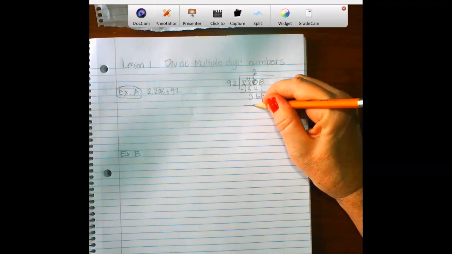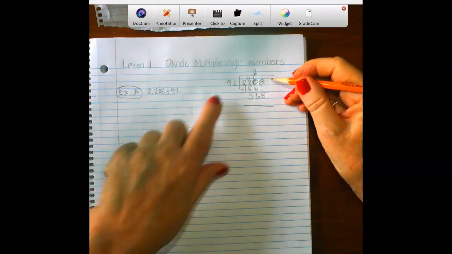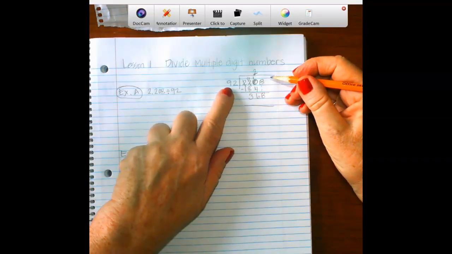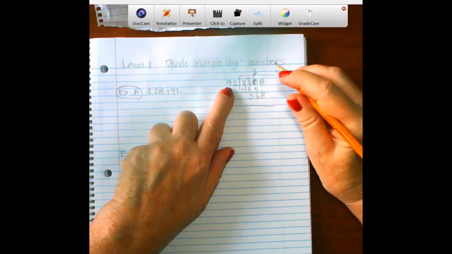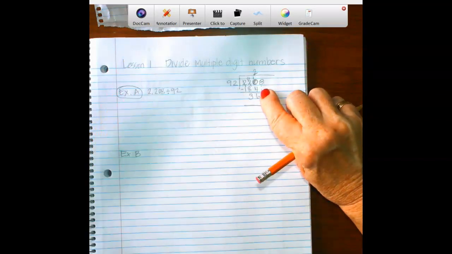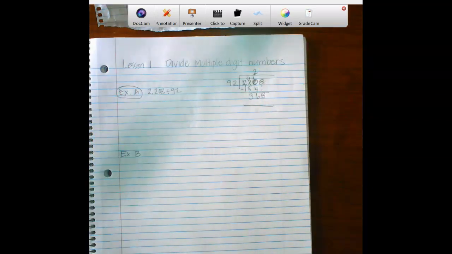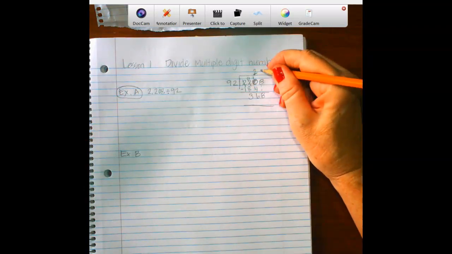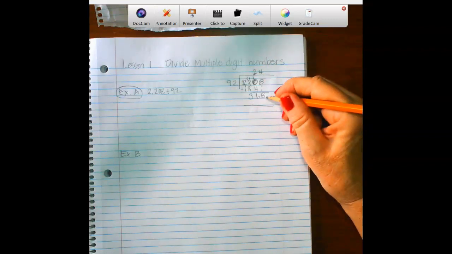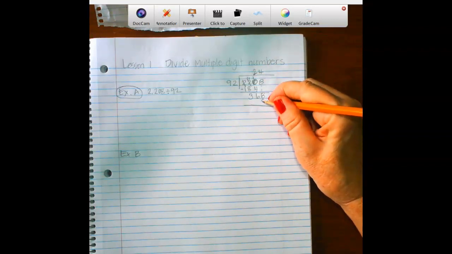And we're going to repeat the process. In my head, I'm always looking at the first digit, so the 9. About how many times would it go into 36? Well, it'll go in 4. And then I'm doing a quick calculation in my head. Oh yeah, that looks like that'll totally work. So 4. 2 times 4 is 8.